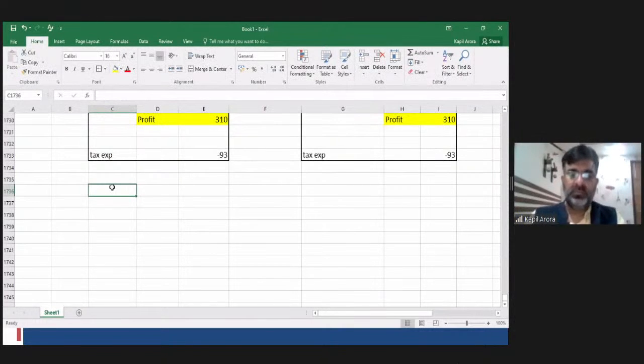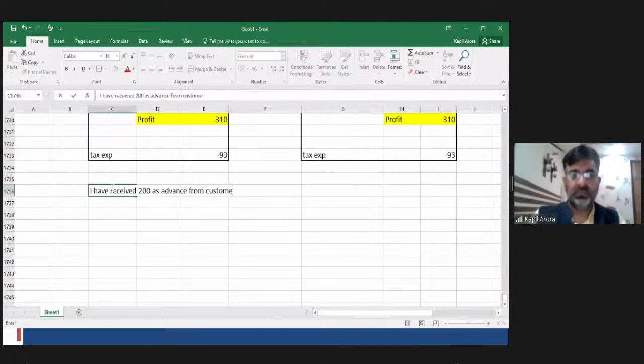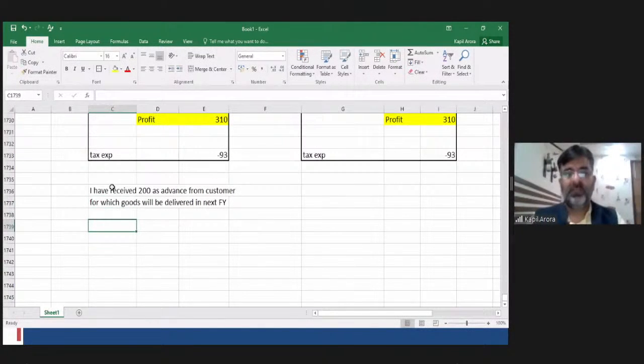Let's assume I have received 200 as advance from a customer, for which goods will be delivered in the next financial year. When will we recognize the revenue in accounting?